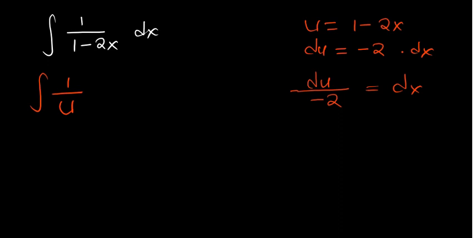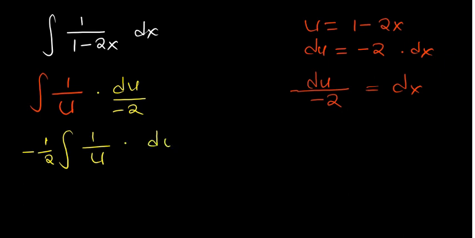And then for our dx, we're going to put du over negative 2. So straight away pull out the negative 1 over 2. Since our negative 2 is on the bottom, so it's negative 1 over 2. And then we have 1 over u multiplied by du.